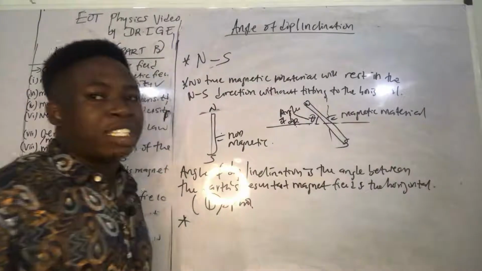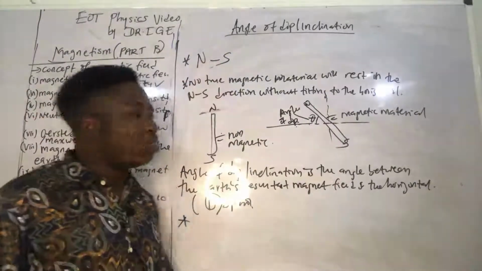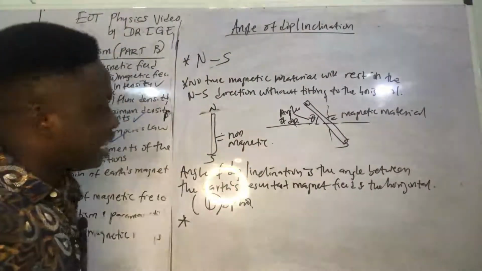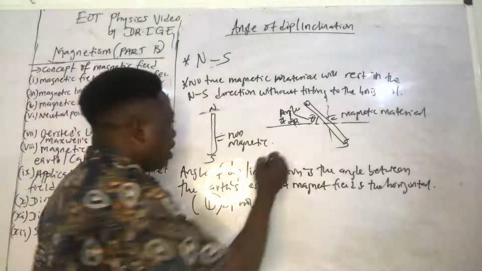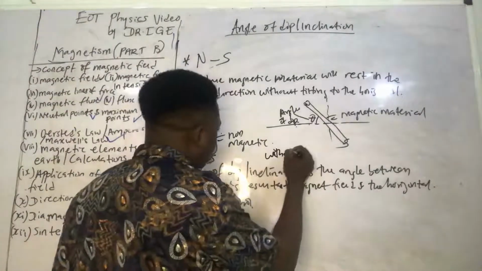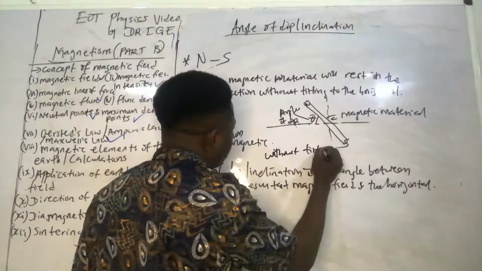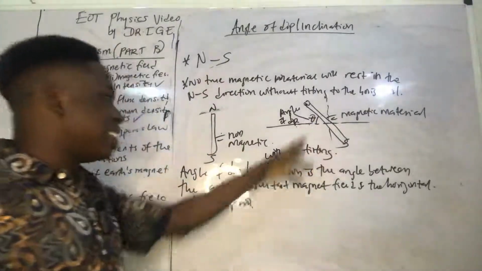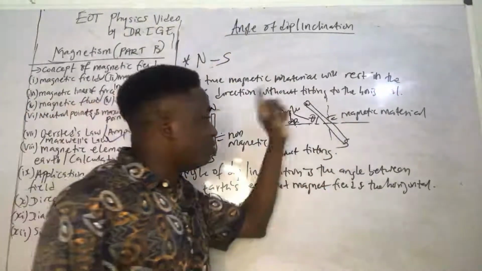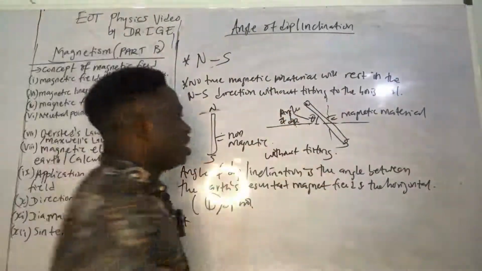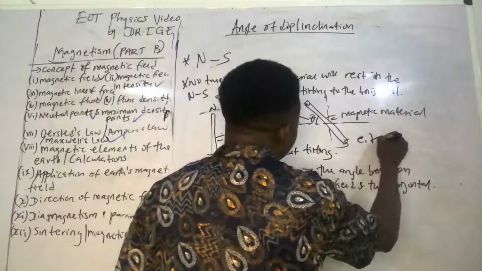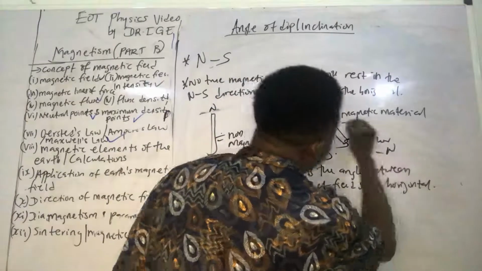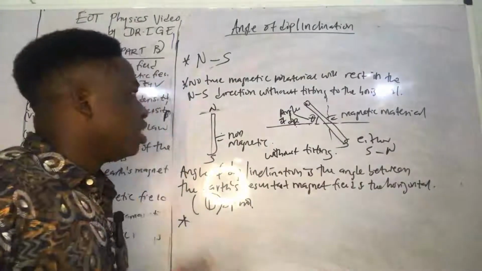A non-magnetic material will rest horizontally, will rest in a north-south direction without tilting. Do you grab? But a magnetic material will never rest in the north-south direction horizontally. It will always tilt with either the south pole or the north pole pointing downwards. So either of them can point downwards.